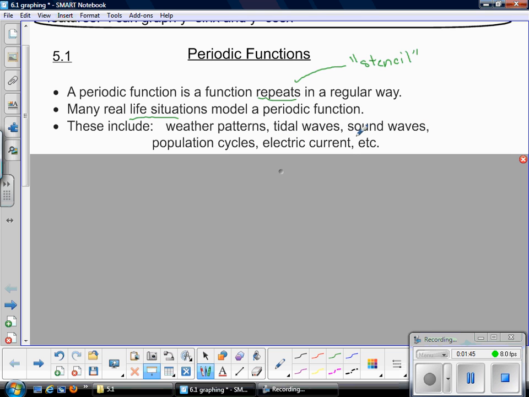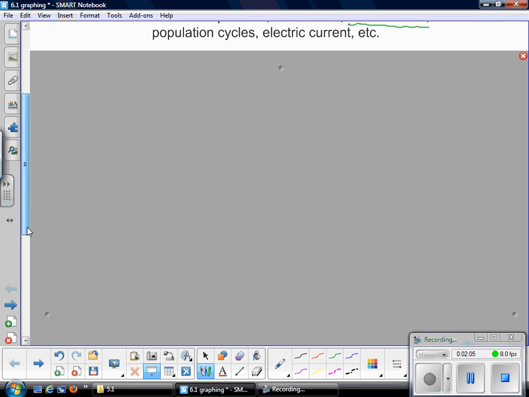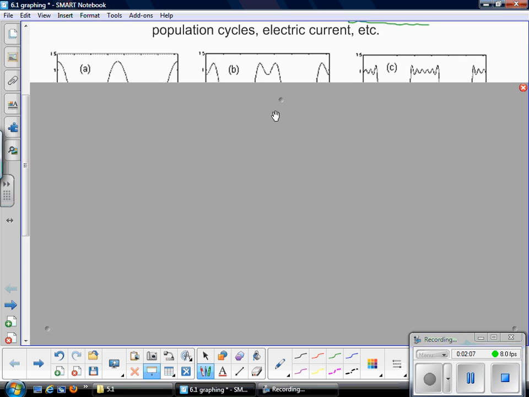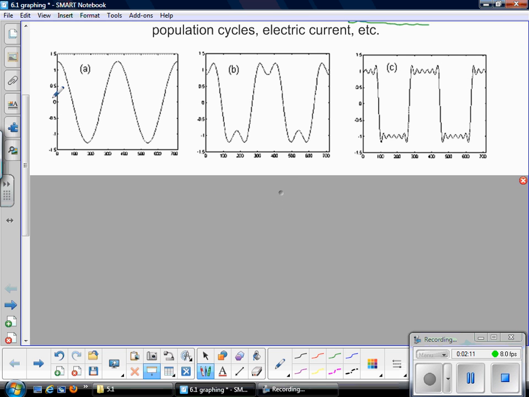Sound waves, really a comparison with physics as well. Population cycles, especially of animals, especially if humans aren't intervening. Electrical current is another one as well, and there are other ones.